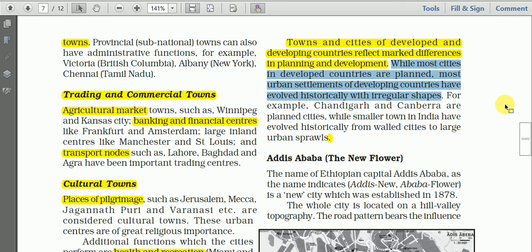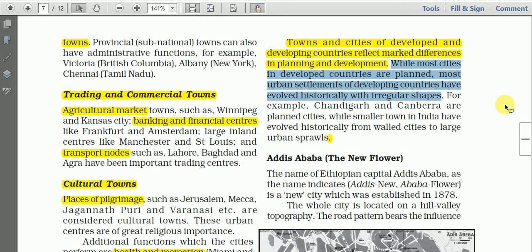So they have proper drainage systems and wide enough streets and lanes. Whereas most cities and towns of developing countries have evolved historically with irregular shape, and they have been developed haphazardly.